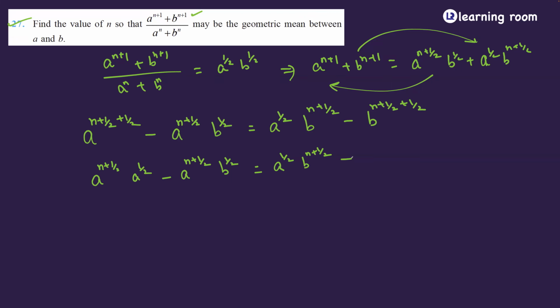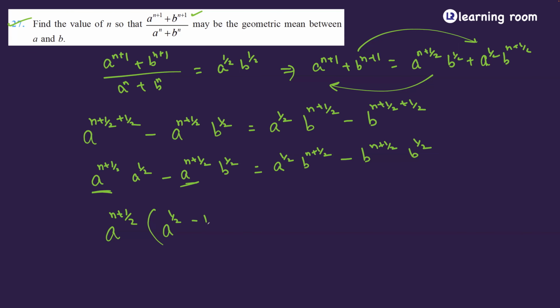minus, what can I write this as? B power... into B power half. Okay, so what can I take out common from this? A power n plus half into what is left out inside?